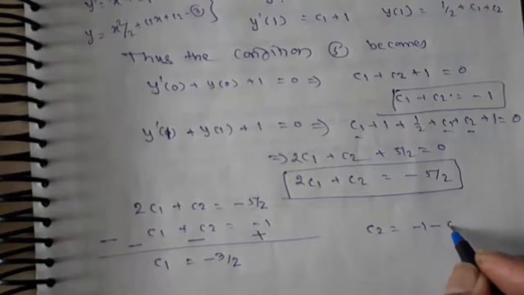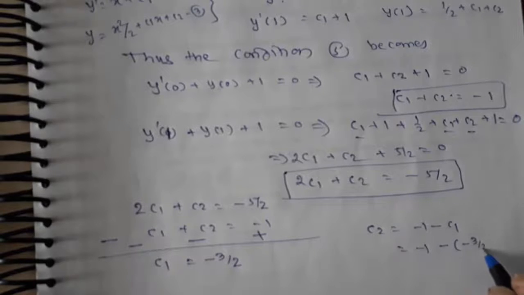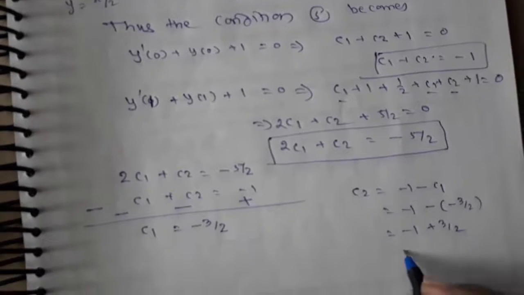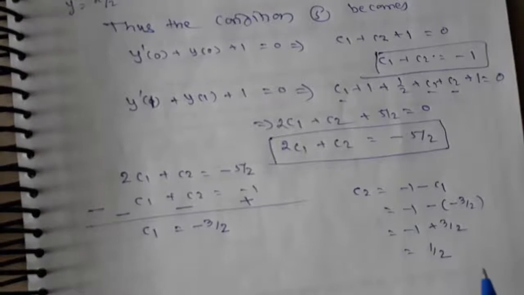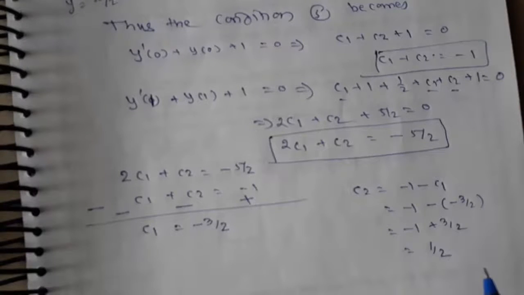If I substitute this value in c2 equal to minus 1 minus c1, that is minus 1 plus 3/2, equal to 1/2. Thus, c1 equal to minus 3/2 and c2 equal to 1/2.